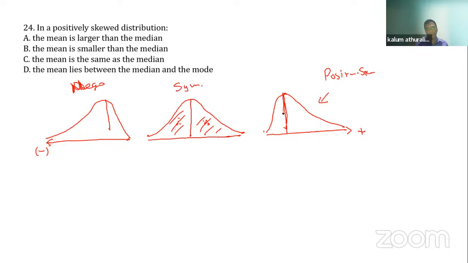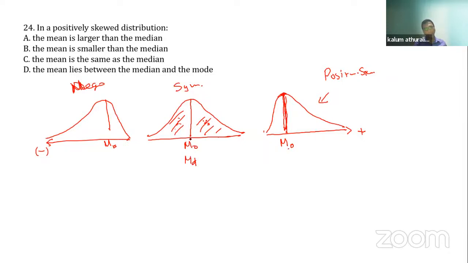Then the maximum value is, it is called median. I'm sorry, mode. It is mode. The most occurring number, maximum height. This is mode. Then the median is also here. Why?